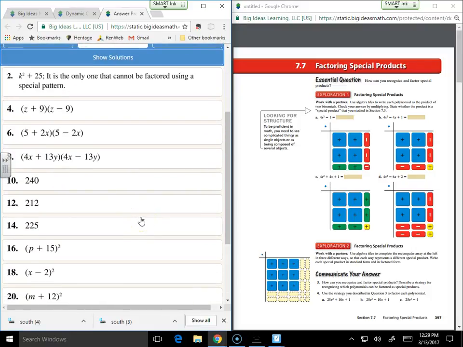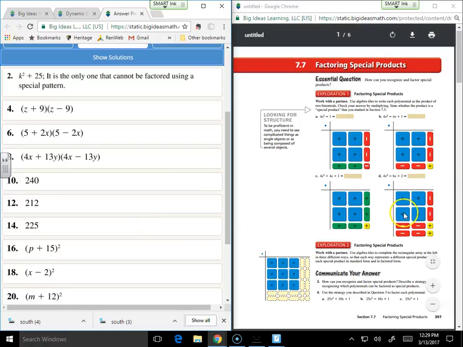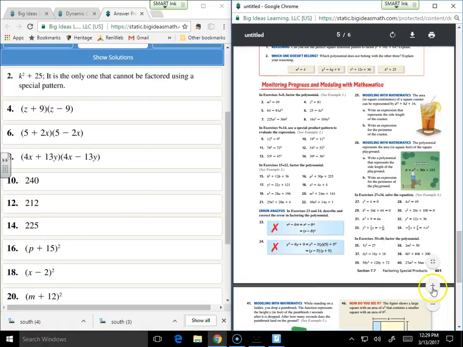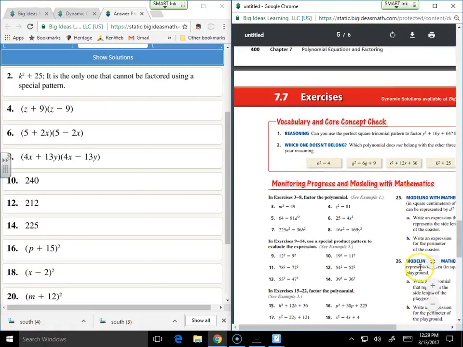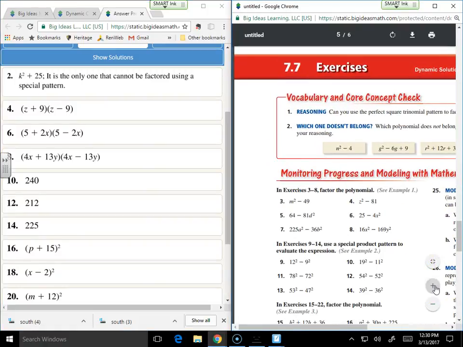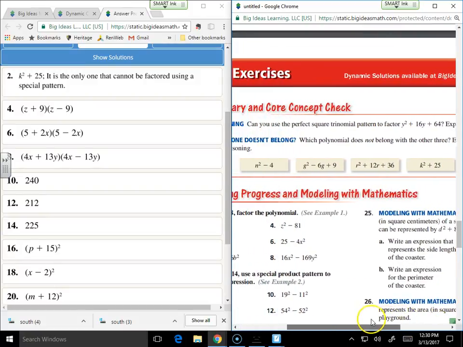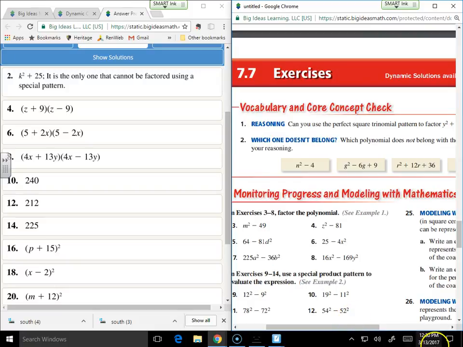Number 2, you guys might have gotten a little stuck on because it was actually asking you to find the one that doesn't match, right? There were 2 binomials and 2 trinomials. I bet we'll come back and we'll talk about number 2. This is homework 34 and 35.